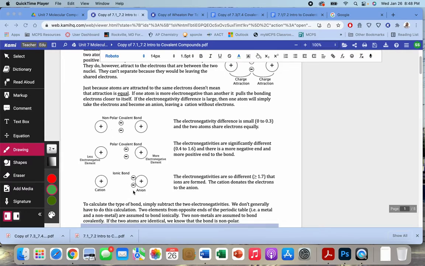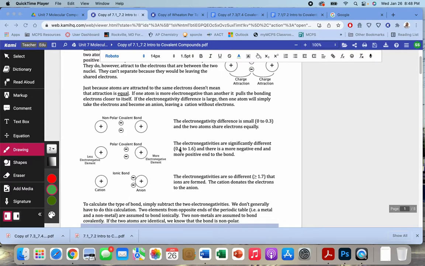But how those electrons are shared can actually be very, very different. If we had equal electronegativities, those electrons would be right in the middle. It would be like they would have equal custody. They would be like alternating days of caring for them, right? And so those electrons would be right in the middle between the two nuclei, between the two atoms.